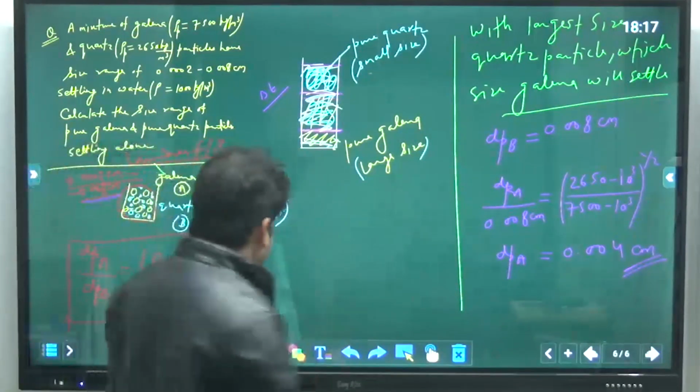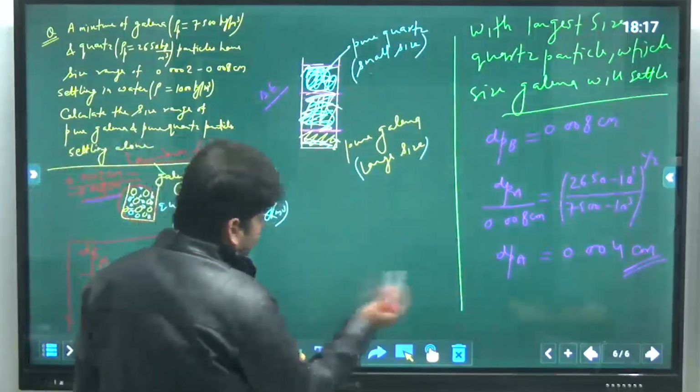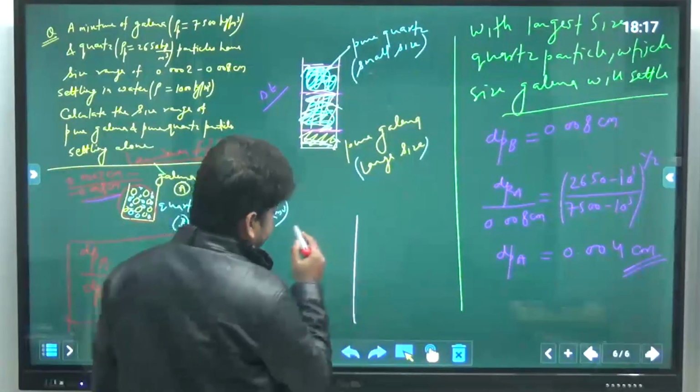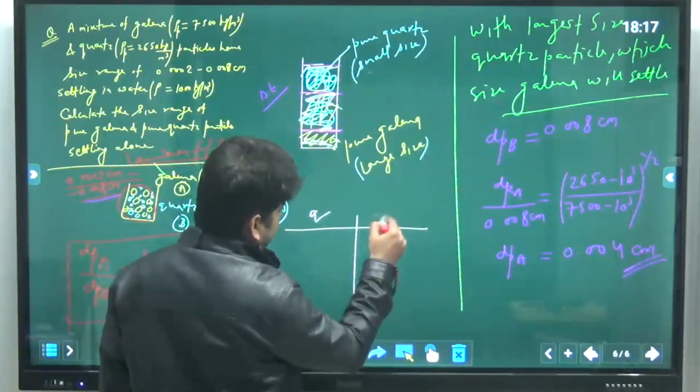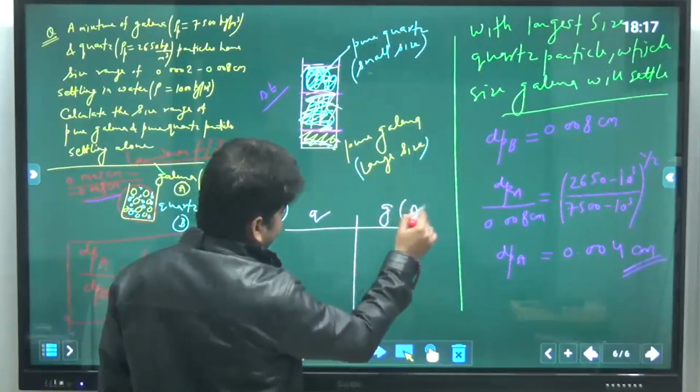Now let's try to understand this in a bigger picture. Quartz, galena.